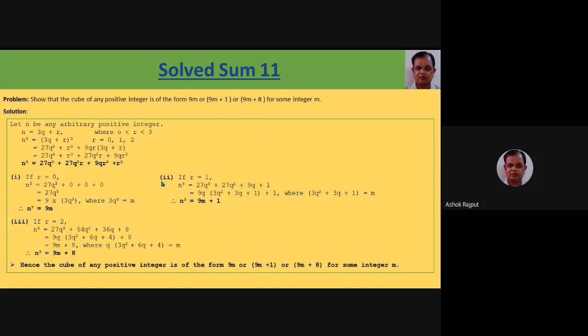Now we go to the next case, where the remainder is 1. n³ = 27q³ + 27q² + 9q + 1. Here there was a typing mistake.